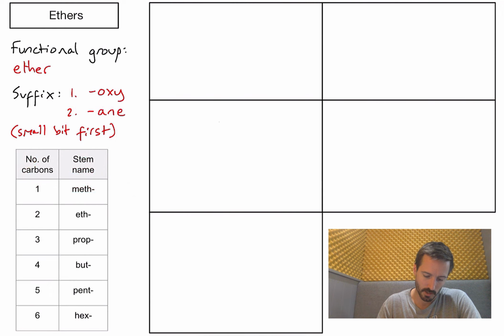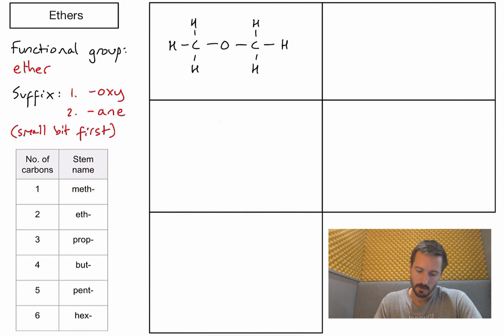For reference, here's our stem names, which tells me how many carbons are in each part of my ether. So let's see if we can identify how to name some examples. First of all, there's my ether functional group. I've got an oxygen in the middle of a carbon chain. So what we need to do is count the number of carbons on each side. In this case, I've got one on the left side, one on the right side.